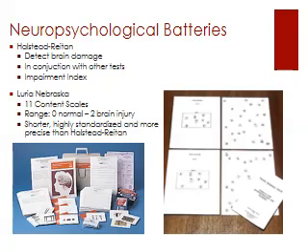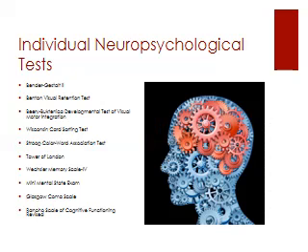The batteries are the Halstead-Reitan and the Luria-Nebraska. The Halstead-Reitan is for brain damage, where it is and the severity of it. The index is from 0 to 1, and the higher you get, the worse it is. And then there's also individual tests that measure specific aspects, and then you can see if something more thorough is needed.